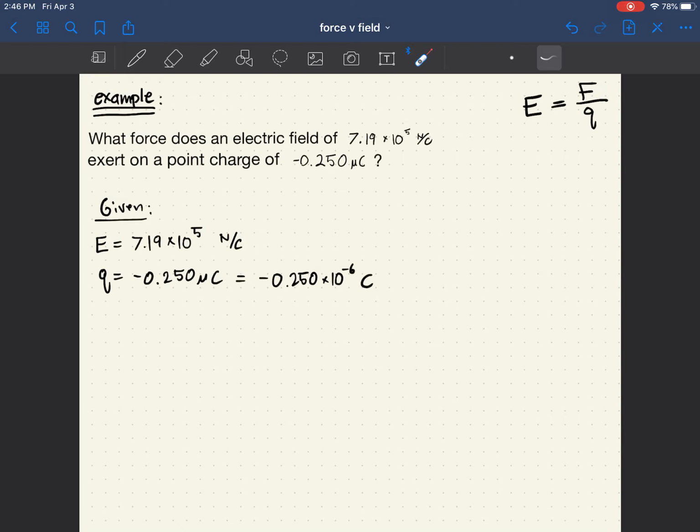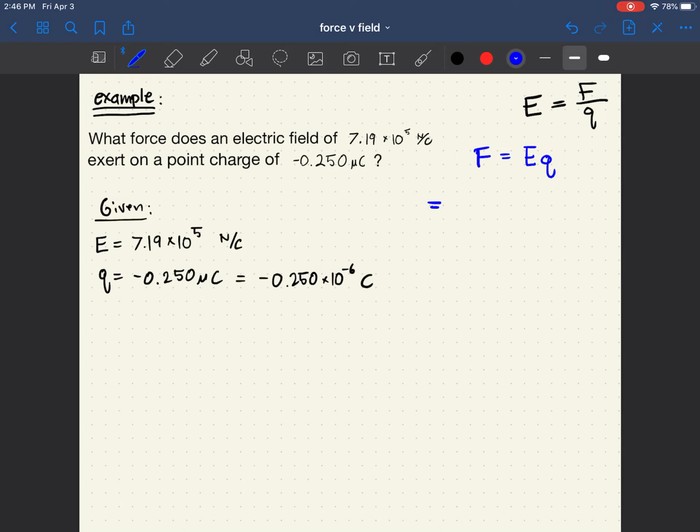This question is asking us to figure out how much force, or what is the force felt on a charge in this electric field. This relationship between force and field can help us find the answer. If we rewrite this equation to give us force is equal to the electric field times this point charge, we'll be able to find that force felt.